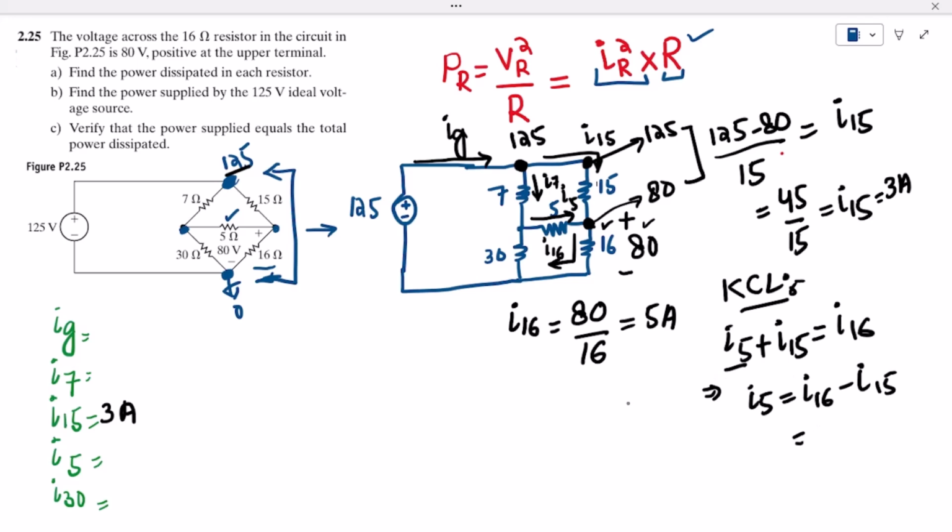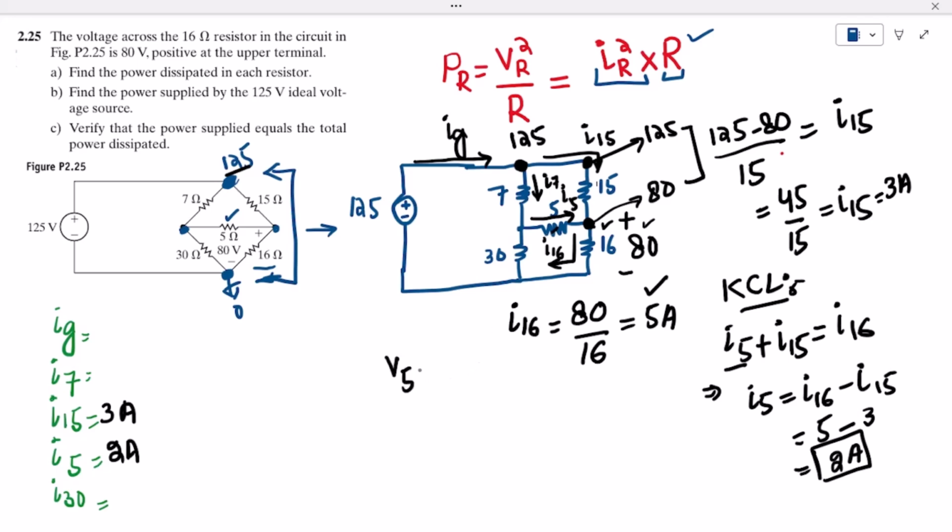The value of I 16 is how much? The value of I 16 is 5. The value of I 15 is 3. So therefore the value of it is 2 amperes. So I 5 is 2 amperes, that is here. When this current is known, the resistance of it is already known, and we can easily find out the voltage drop across it.